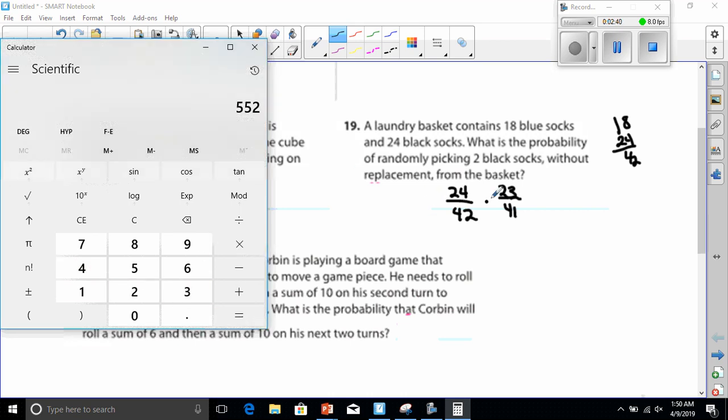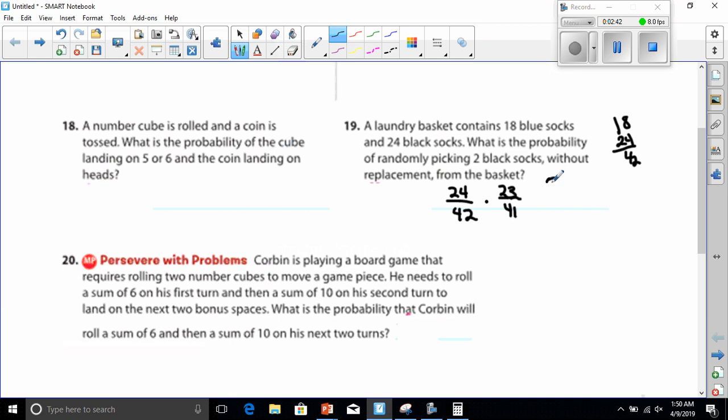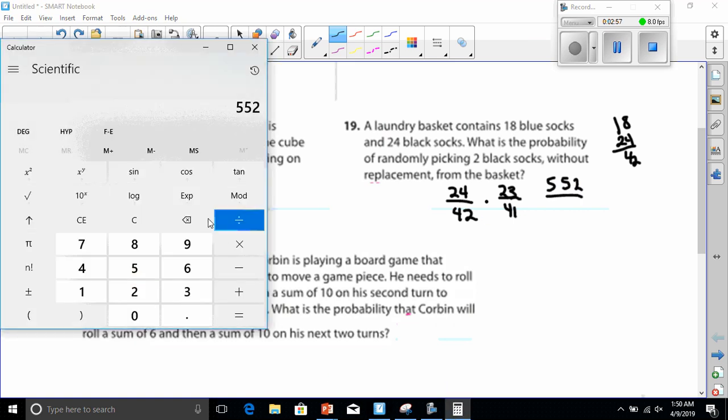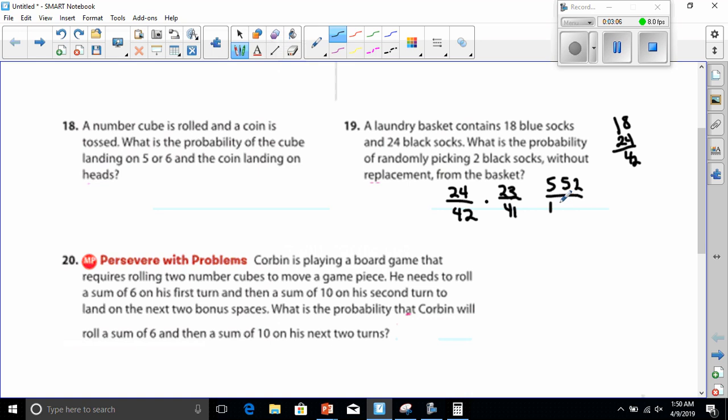That gives us 552. Where did that come from? And now we have to multiply 42 and 41. And that's going to give us 1,722.